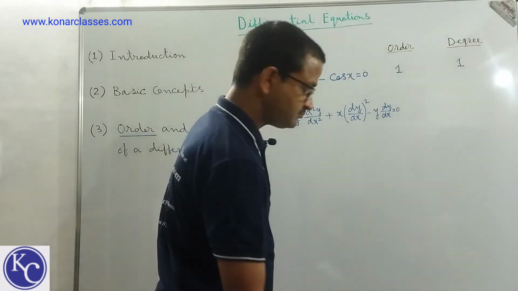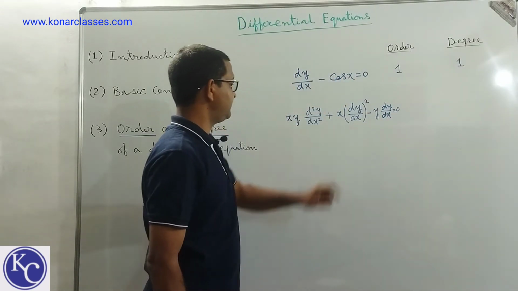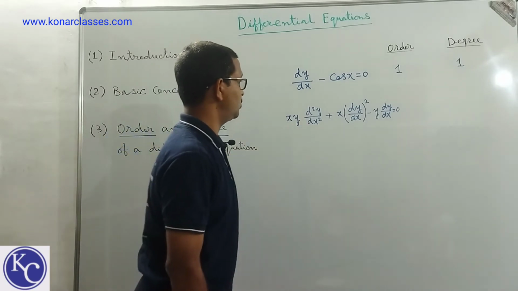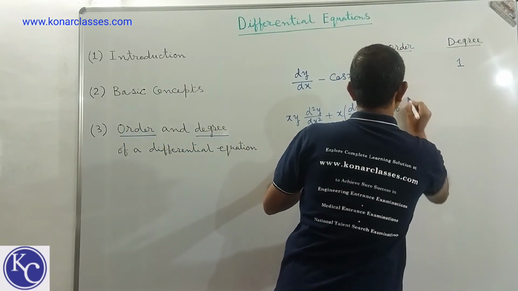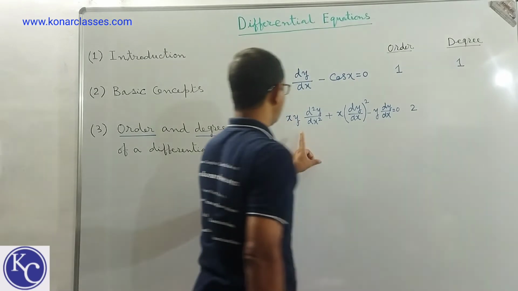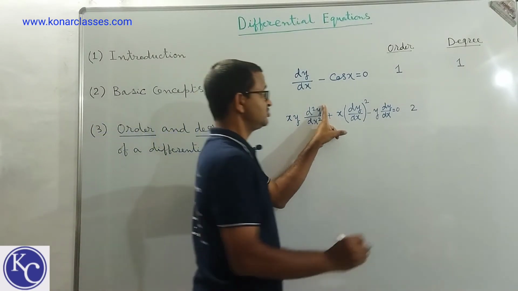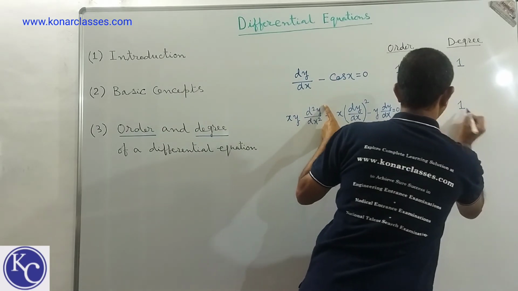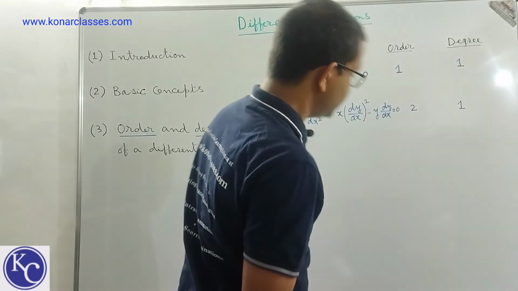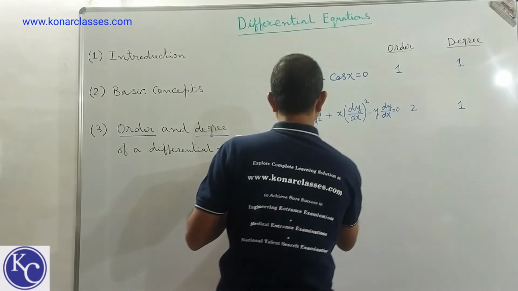Let's see. What is the highest order derivative? Highest order derivative is 2. So that's why its order is 2. And what is the degree? The highest order derivative has power 1. So that is why its degree is 1. Correct, dear students? Now let's look into the next one.